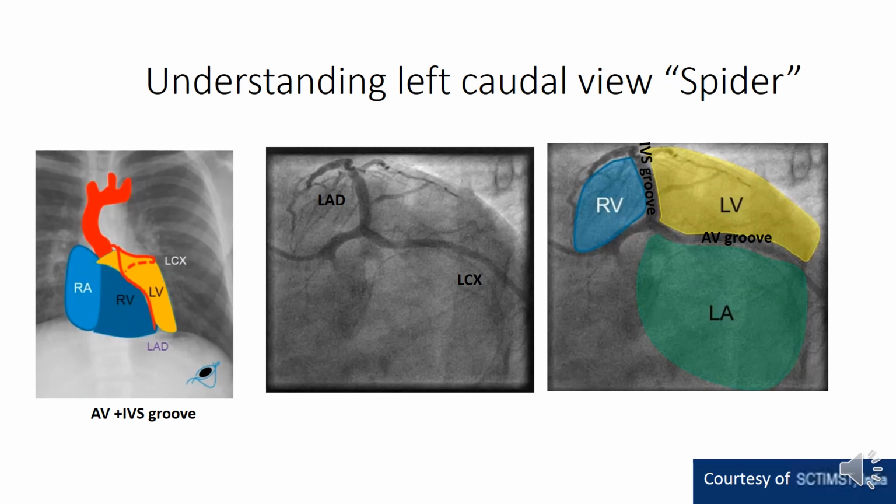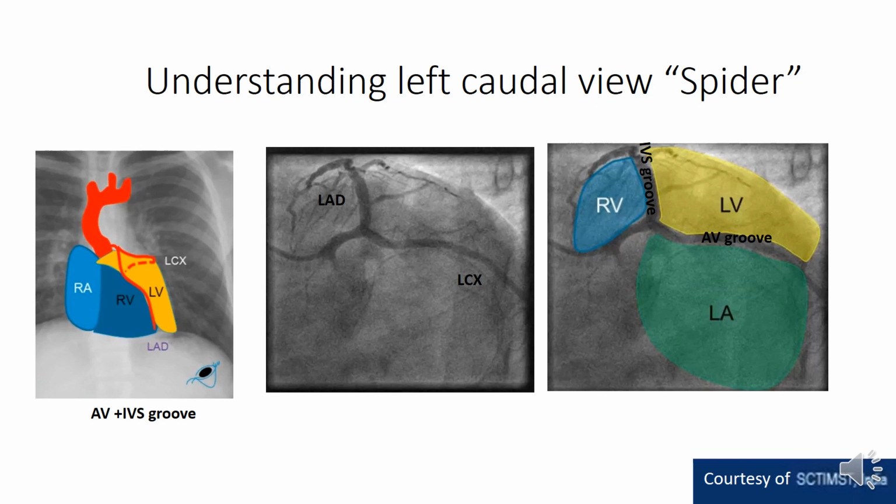The last important view from the four orientations is the left caudal view. We are looking to the base of the heart from the caudal orientation. So this is the base of the heart, and here is the left main coronary artery branching into the left anterior descending artery, which is running on the front surface of the heart, and the circumflex artery running on the lateral surface of the heart.